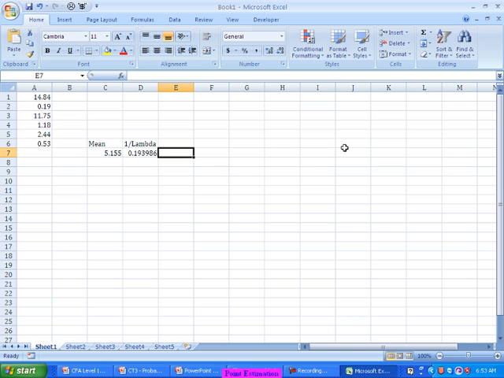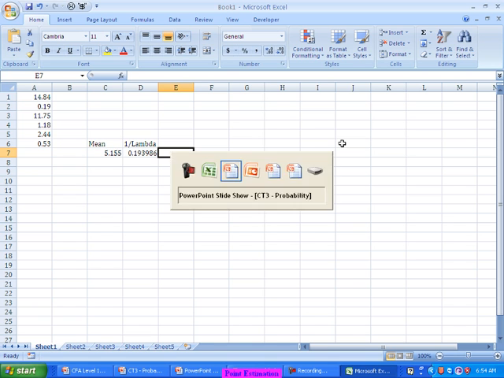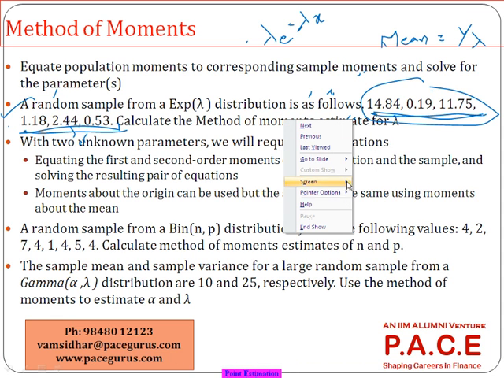The way the question goes is, a sample of data will be given and it asks us to estimate the parameter lambda, and then use that lambda to find the probability that the average claim size is greater than 10. Now I get my lambda as 0.1939, or if I round off, 0.194.